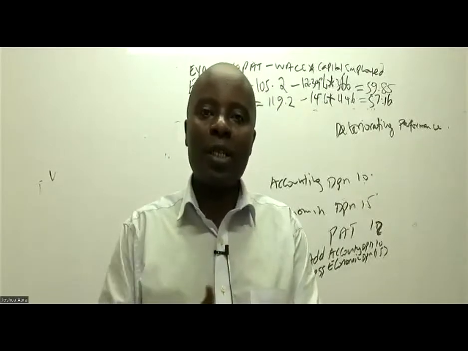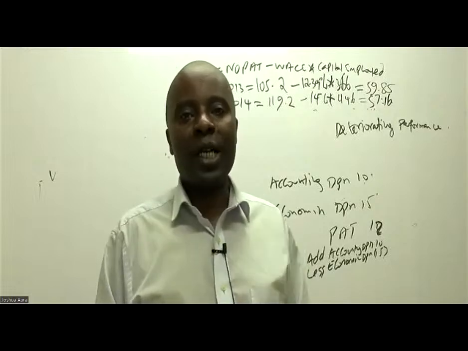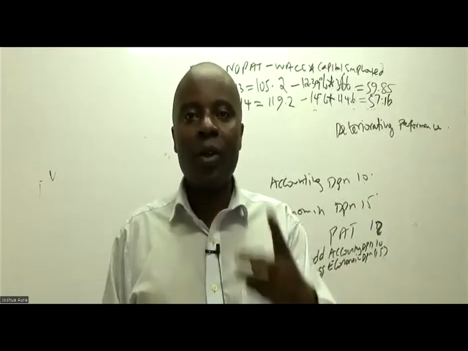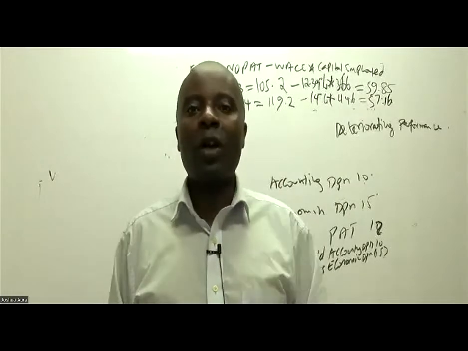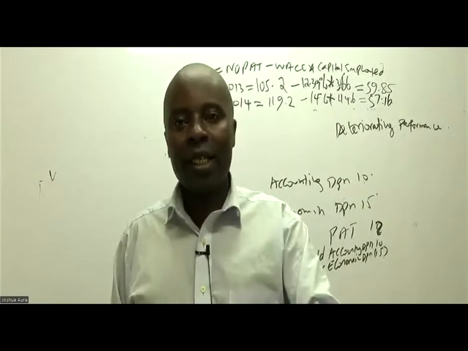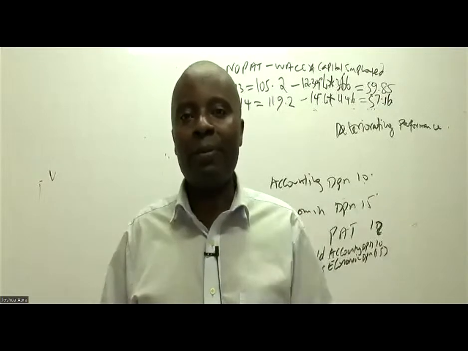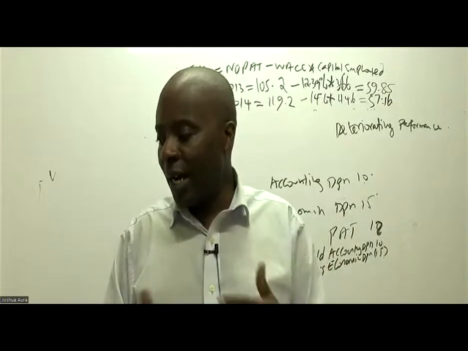Unfortunately, I've not seen any student taking leadership in group discussions. Once you do that, send the question on WhatsApp so people can see what is happening. Know the advantages and disadvantages of EVA, and that is it.